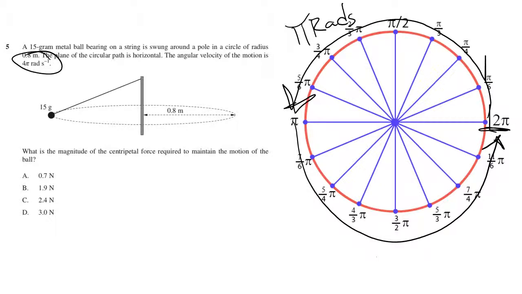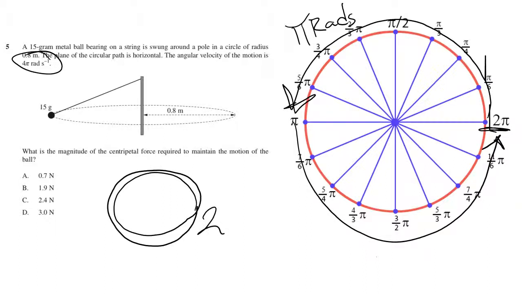So when we do 4 pi radians, that means we've gone all the way around and all the way around again. Because it's 4 pi radians a second, that is 2 laps of that circle per second. That's the first and most fundamental thing we need to understand in order to work this out, that it's done 2 laps. So let's start unpacking that.